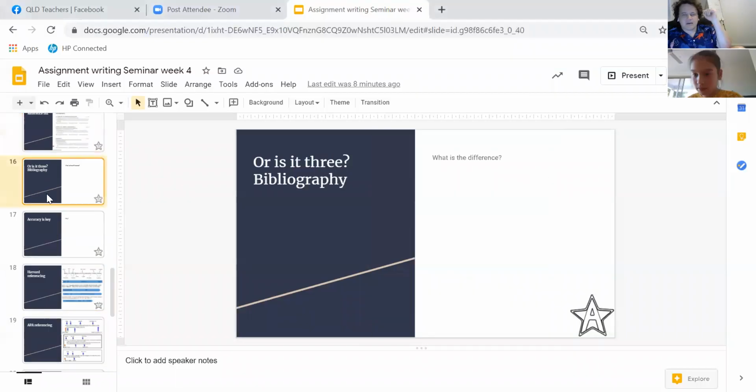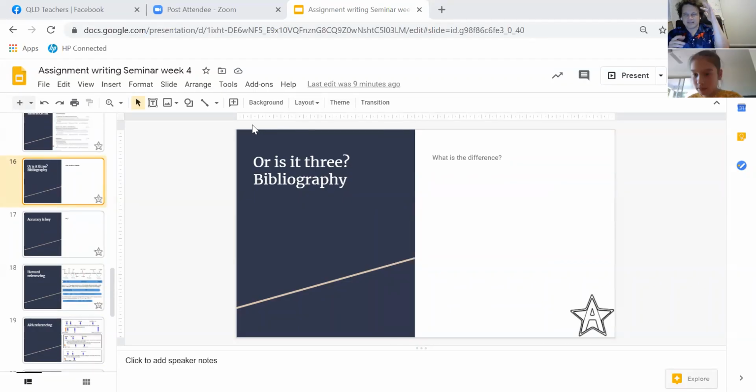So does anyone know the difference between the bibliography and a reference list? The reference list is things that you cite in text.